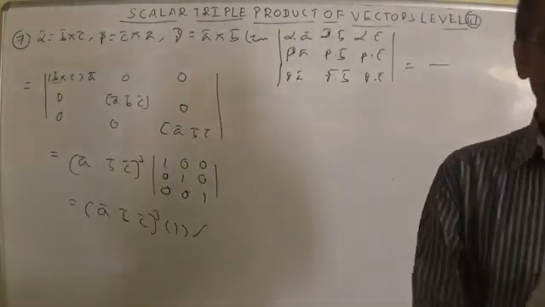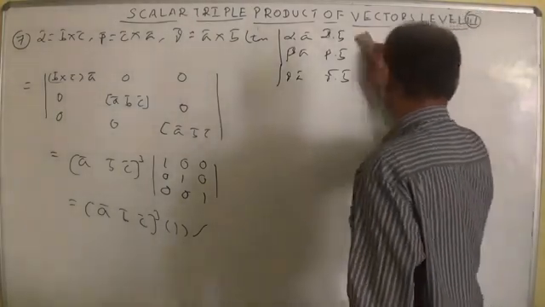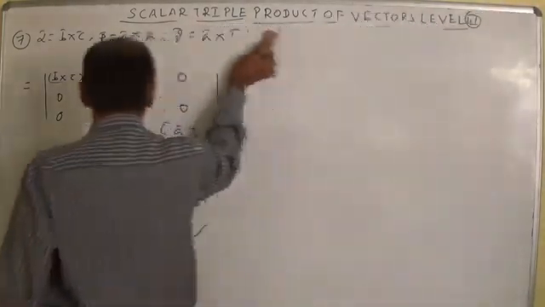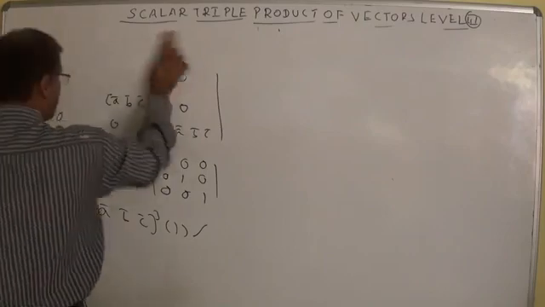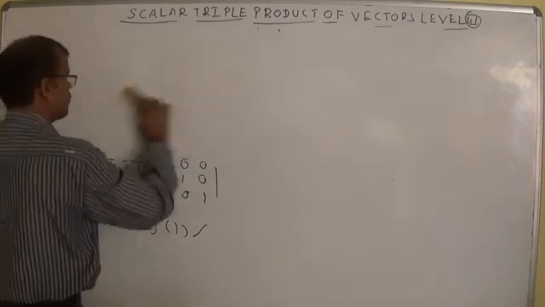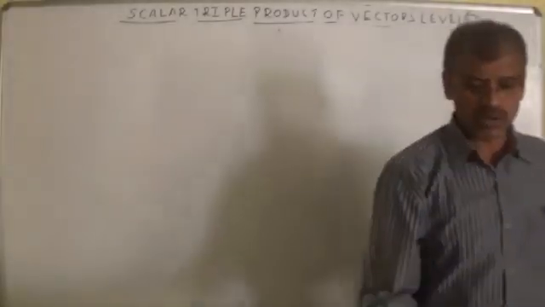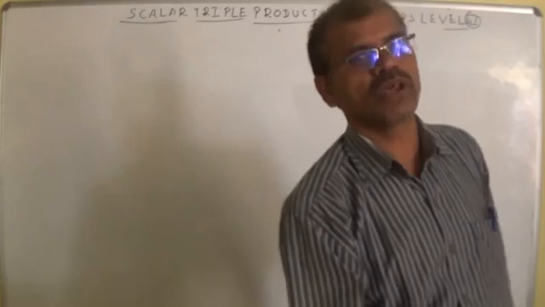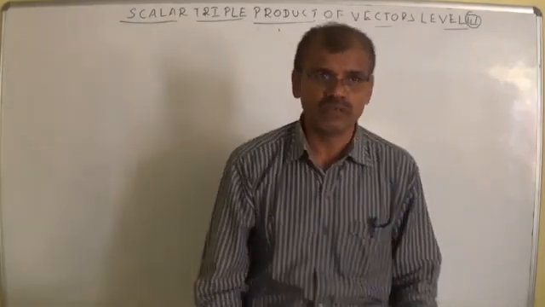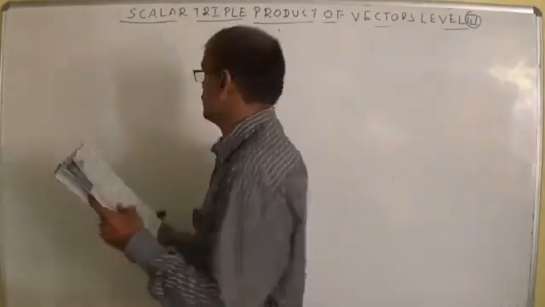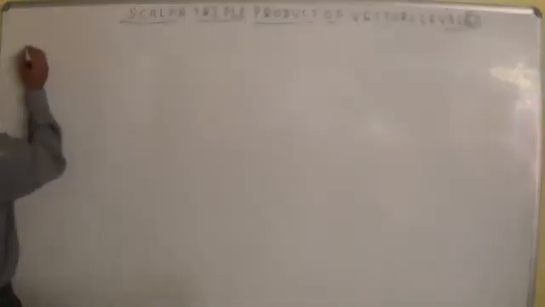B bar and C bar are any two non-collinear vectors. While solving the question, you should read the question and try to understand whatever data is given. In scalar triple product of vectors, the given data is most important, whether it is collinear or coplanar or non-collinear or non-coplanar, everything you should observe carefully. Now, eighth question.